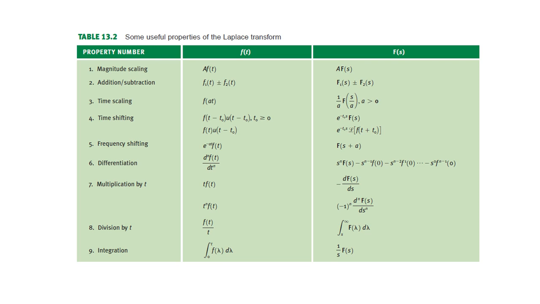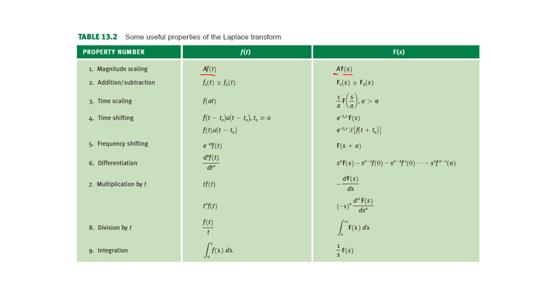So this is pretty much the summary of the Laplace transform and inverse Laplace transform. In this table we are having some Laplace transform pairs. If we see a constant multiplier with a simple function f of t, we are having a constant multiplier with f of s as well.